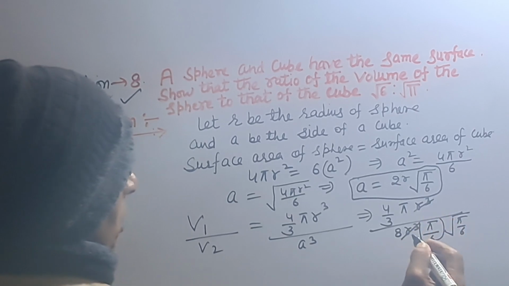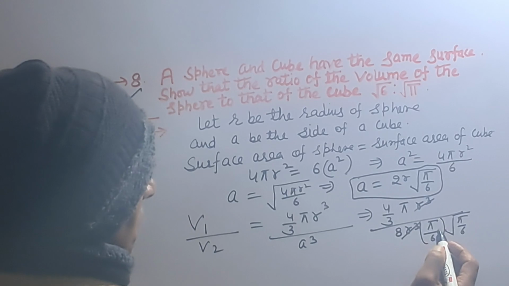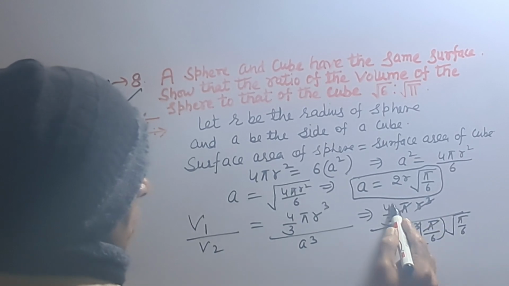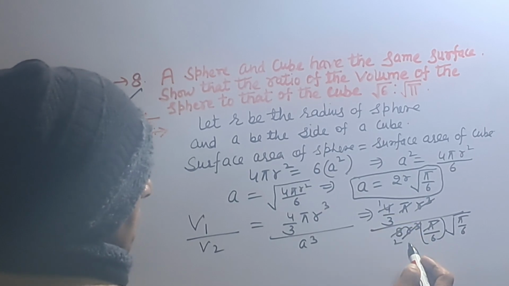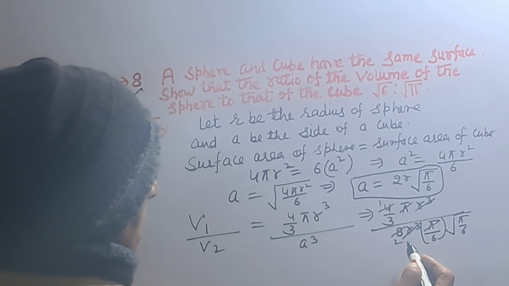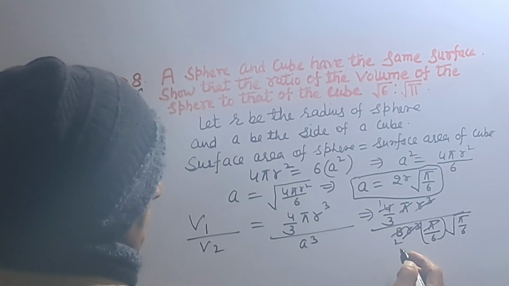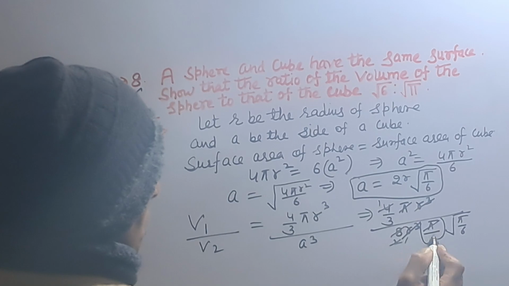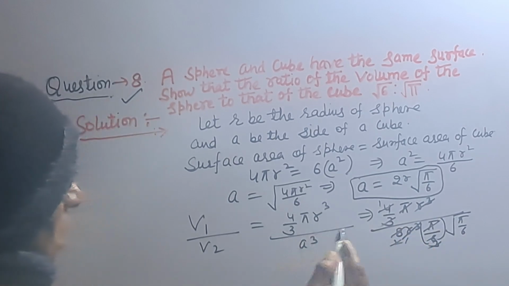R cube is cancelled and pi is cancelled. 4 1s are 4, 4 2s are 8. Two 1s are 2, 2 3s are 6, 3 3 is cancelled.